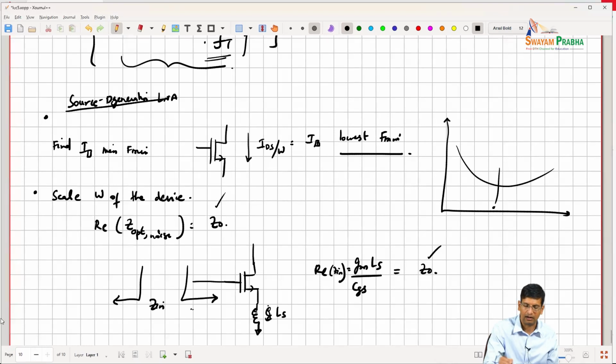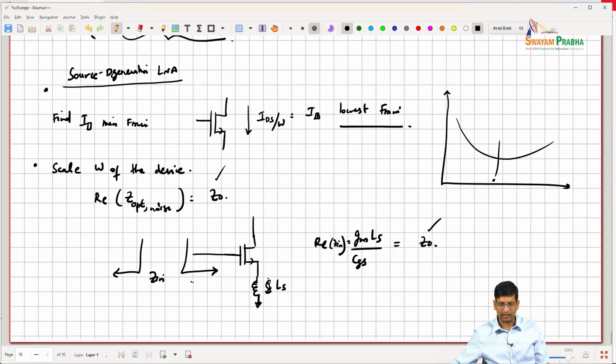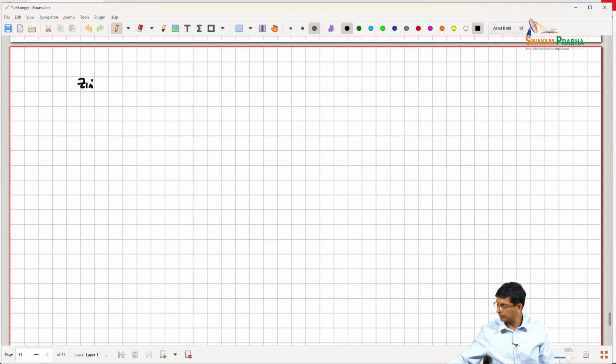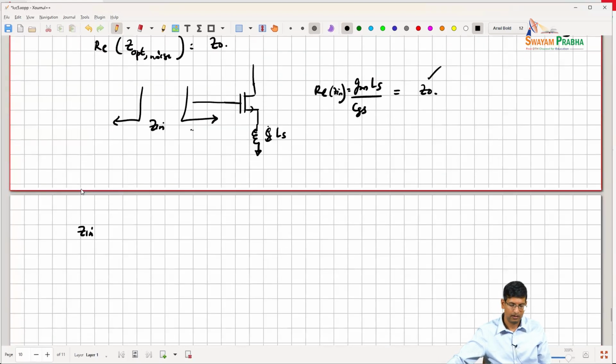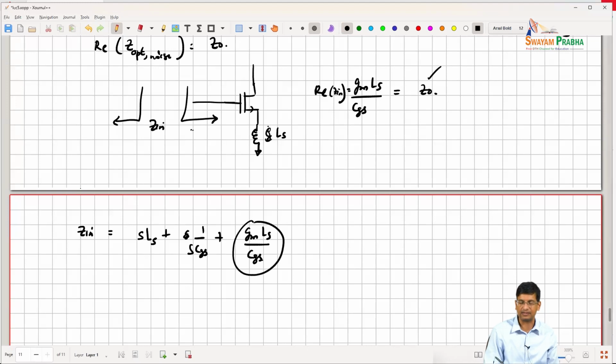And the trade-off space here, in this source degeneration LNA, is that the Z in that I see over here is S times Ls plus 1 over S CGS, plus GM LS over CGS. So I can make this real part 50, but this network resonates only at one frequency.